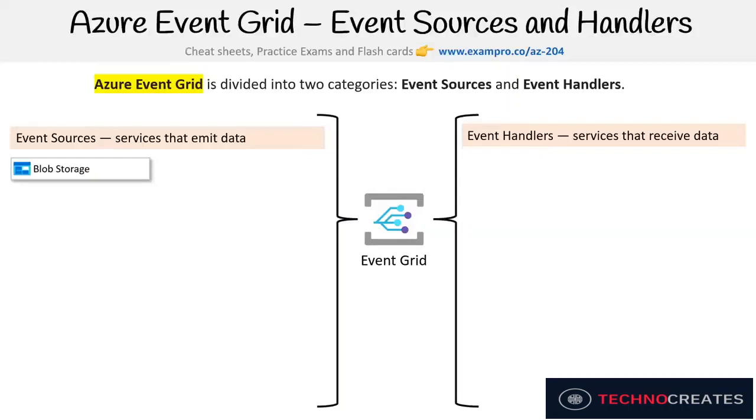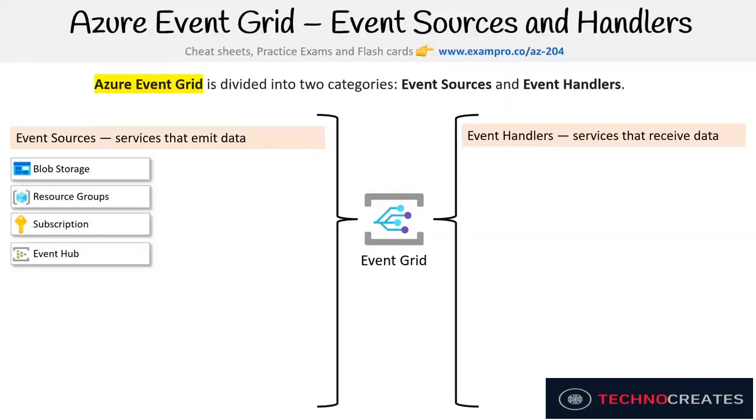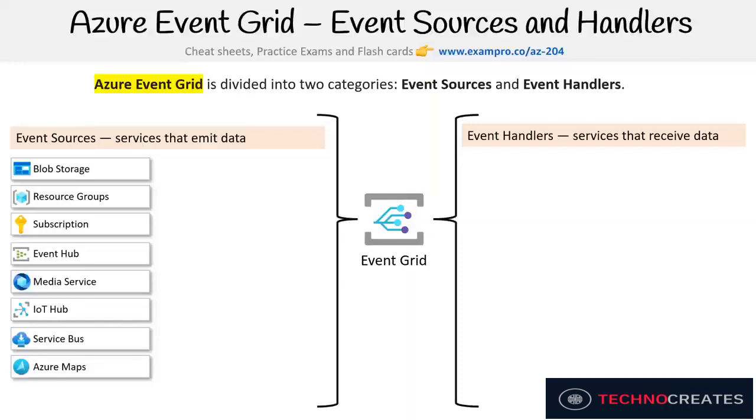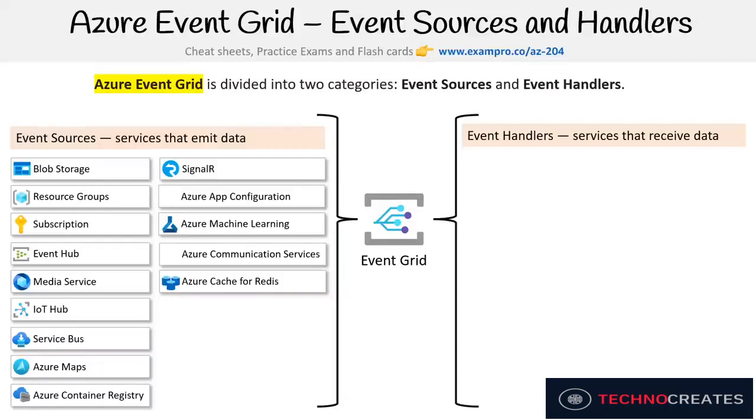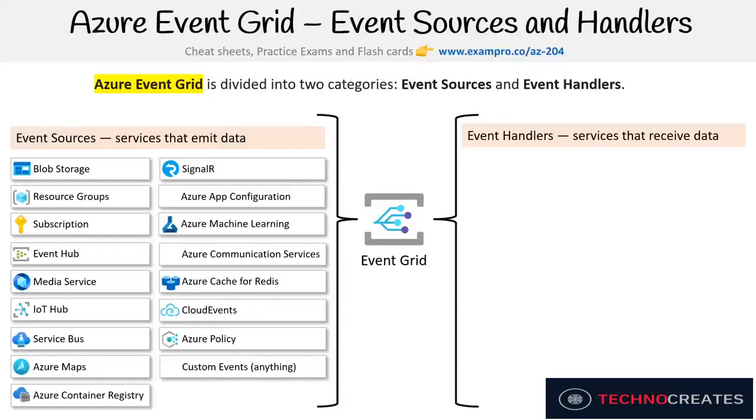We have Blob Storage, resource groups, subscriptions, Event Hub, Media Services, IoT Hub, Service Bus, Azure Maps, Azure Container Registry, SignalR, Azure App Configuration, Azure Machine Learning, Azure Communication Services, Azure Cache for Redis, Cloud Events, Azure Policy, and custom events. So basically anything you want to get in there.